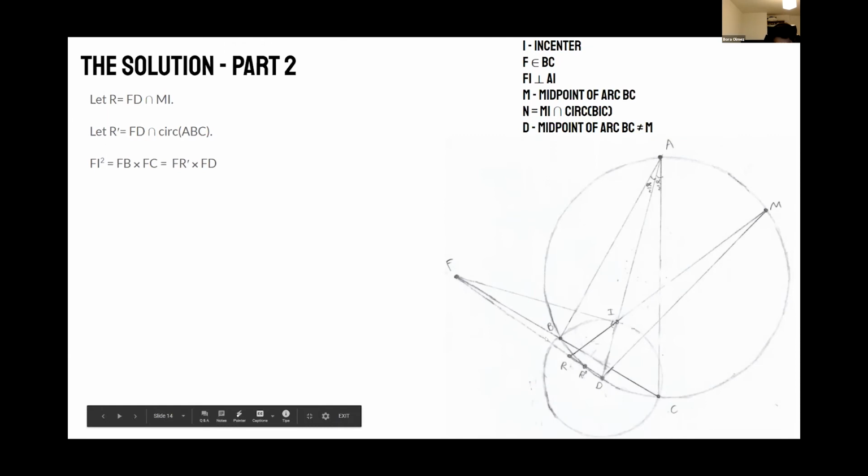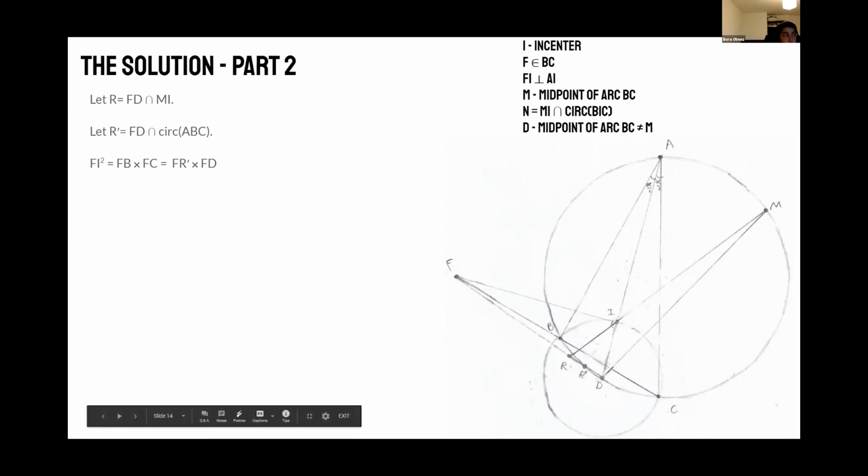But now when you look closely, you realize that B, C, D, R prime are also cyclic, and F, R prime, D are collinear, as well as F, B, C of course, and therefore FB times FC equals FR prime times FD. So we get two things that are equal to FB times FC, and when we equate them, we get FI squared equals FR prime times FD.